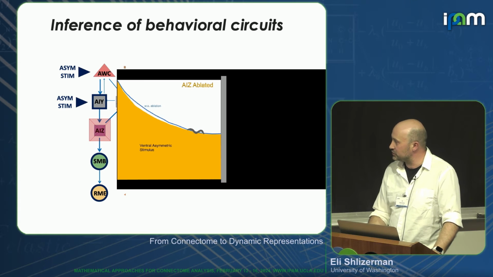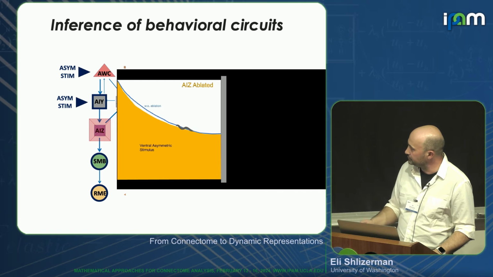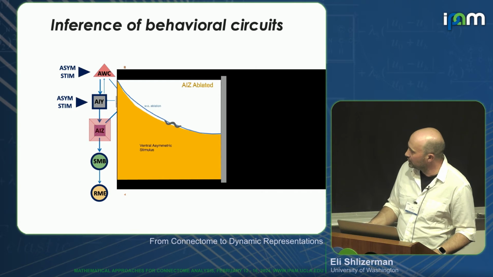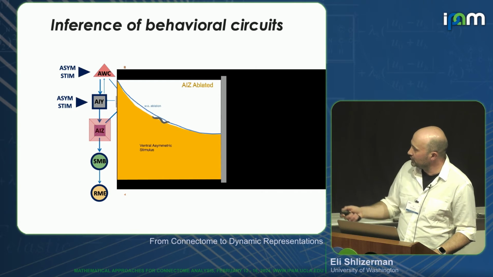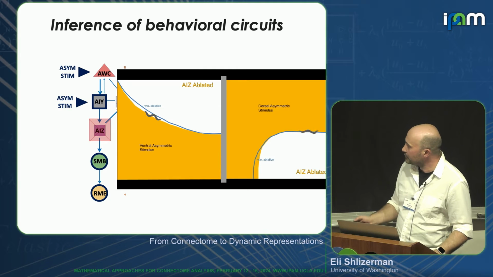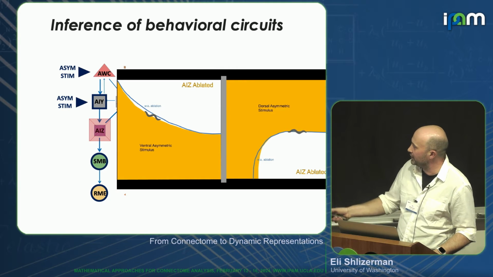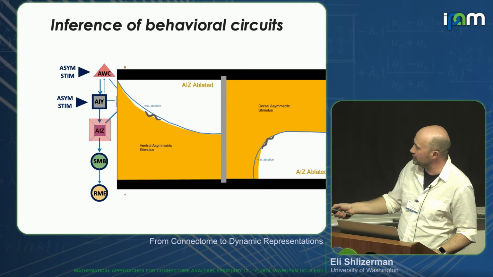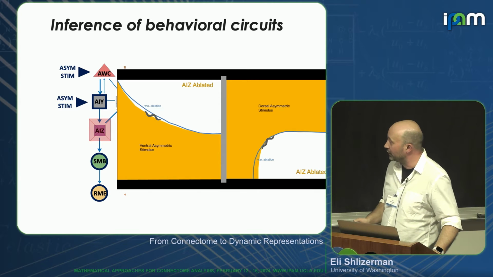So here is a demonstration. We are investigating this circuit diagram and seeing that ablation of this AYZ neuron actually doesn't change the movement. This is the movement without ablation, and you can see that the worm is following it.